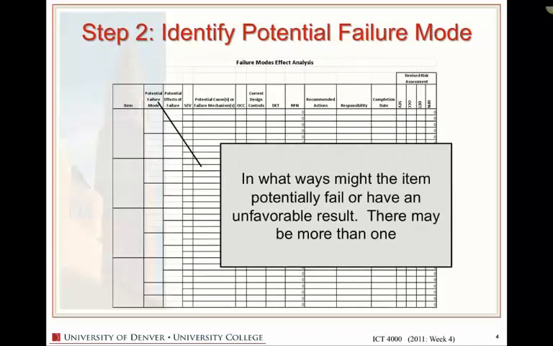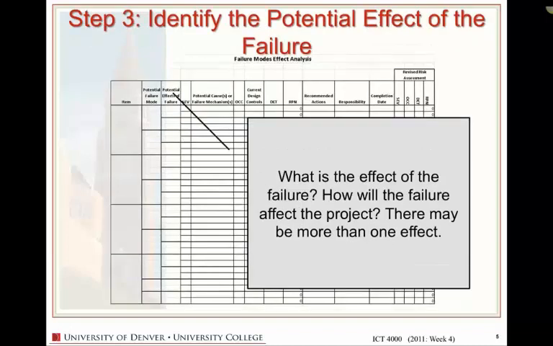And what we do then is describe in what ways that item may potentially fail or have an unfavorable result. In fact, there might be more than one. So that oven could get too hot, could get too cold, for example. Then what is the effect of the failure? How will that failure affect the project?